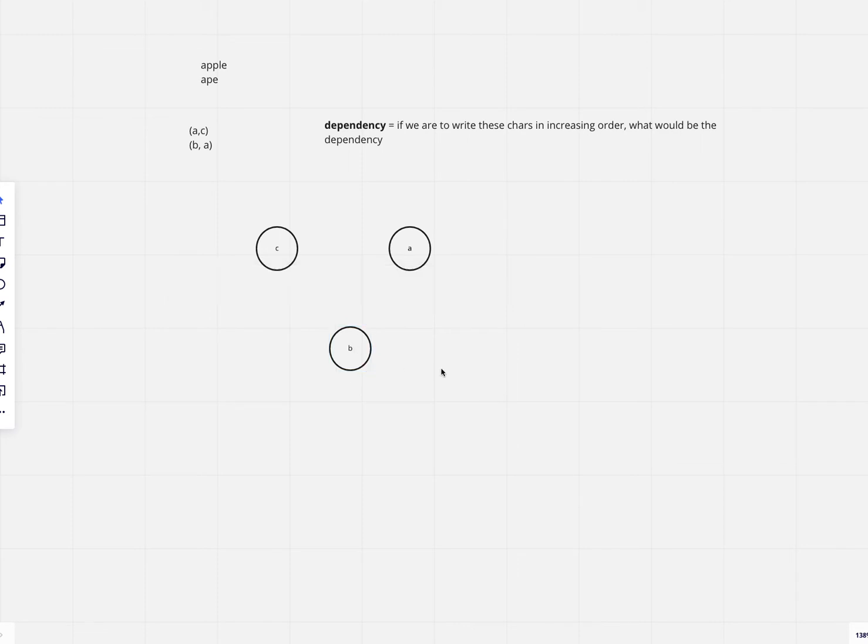We say C needs A to be written in the sorted order, so that means A needs to go to C, and similarly here B needs to go to A.